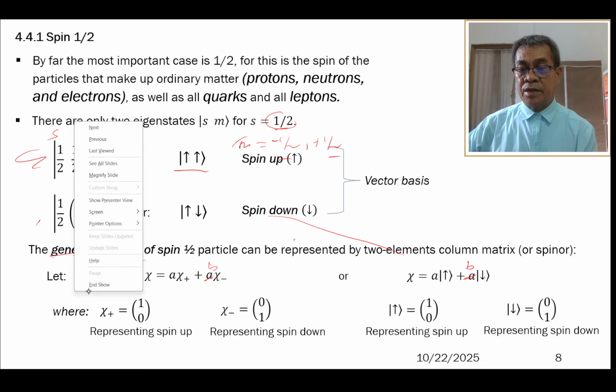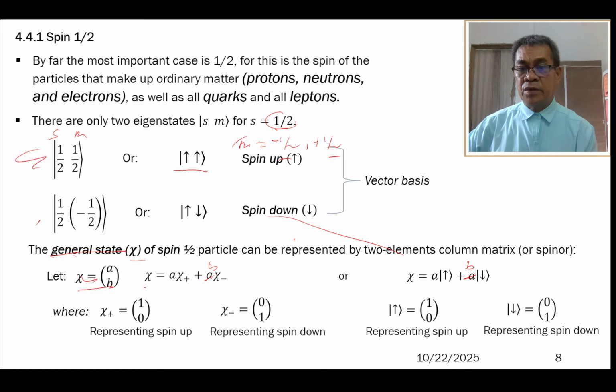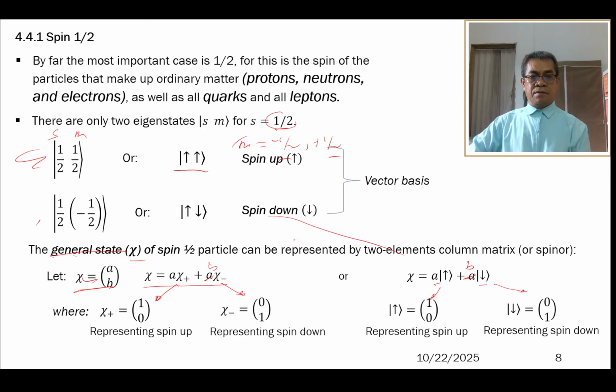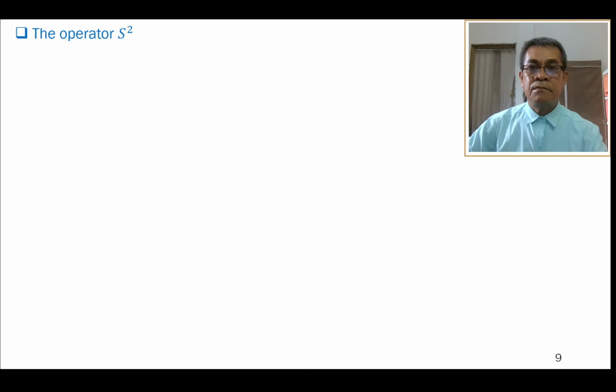We have the option to use this one, or you may use this, wherein this one is the spin up, while this one is a spin down. Alternatively, you can also represent psi as a times the spin up plus b times spin down, where the spin up is the two-element column 1, 0, and the spin down is 0, 1.